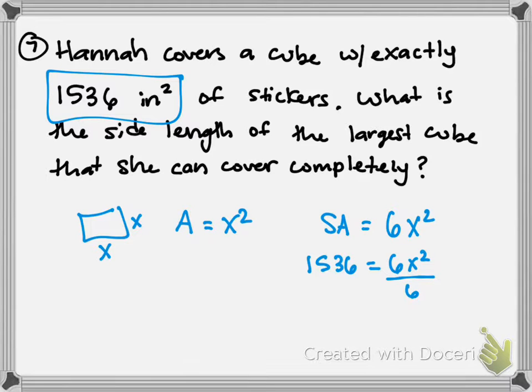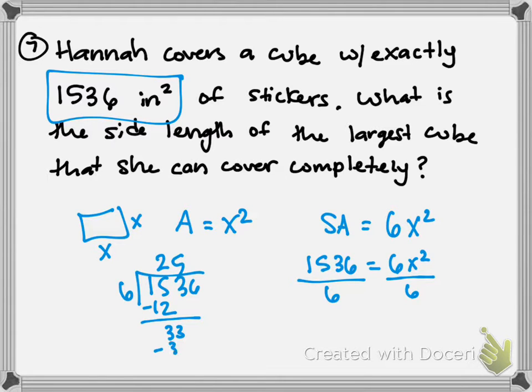How do I solve for x? Divide by 6. 1,536 divided by 6 is 2. Let's see, 6 goes into 33 5 times. 6 goes into 36 6 times. So 256 equals x squared. Take the square root of both sides. So x would be plus or minus 13.